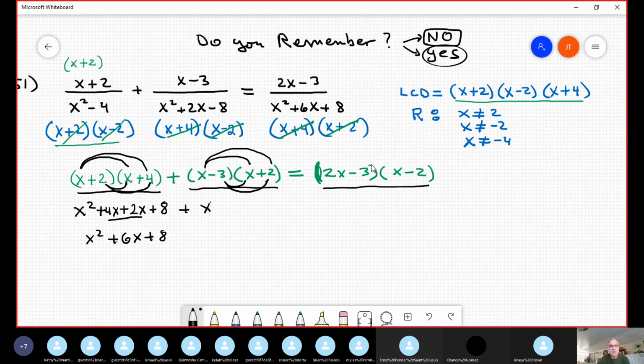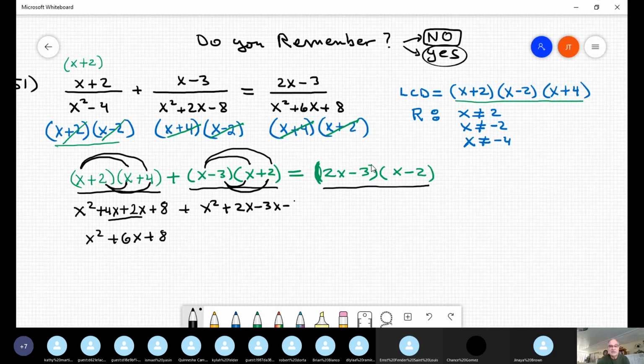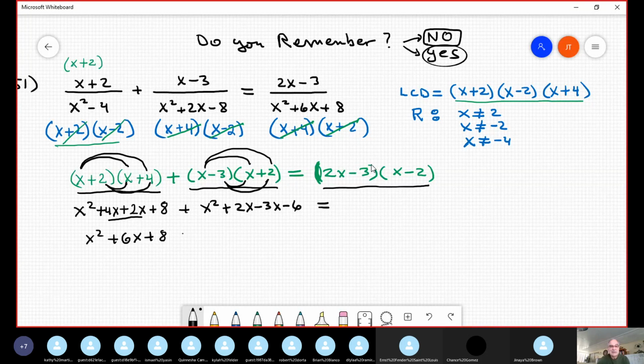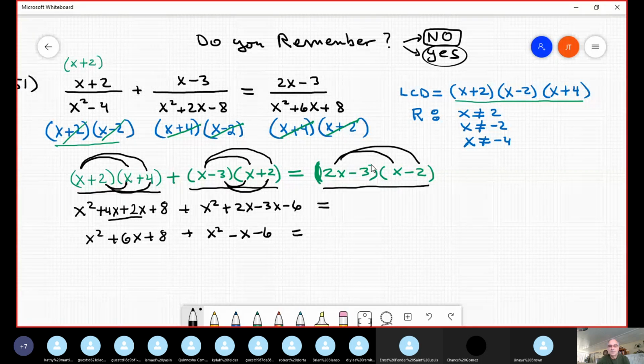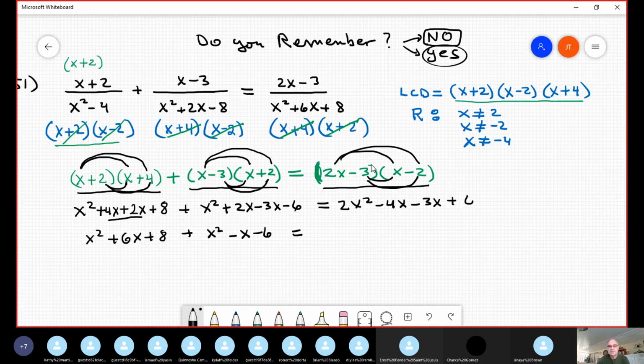It's x squared plus 2x minus 3x minus 6. It's x squared minus x minus 6. Foil again. It's 2x squared minus 4x minus 3x plus 6.